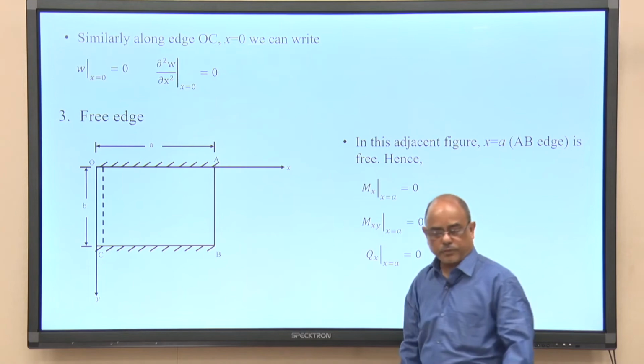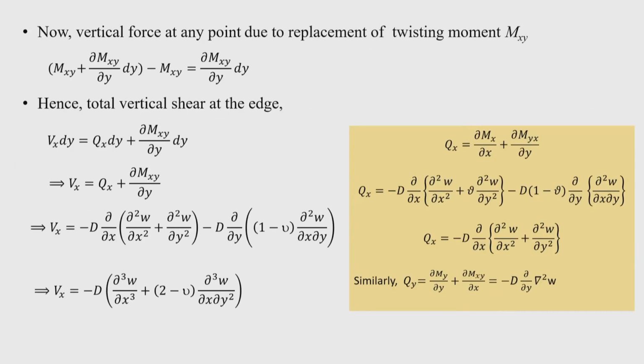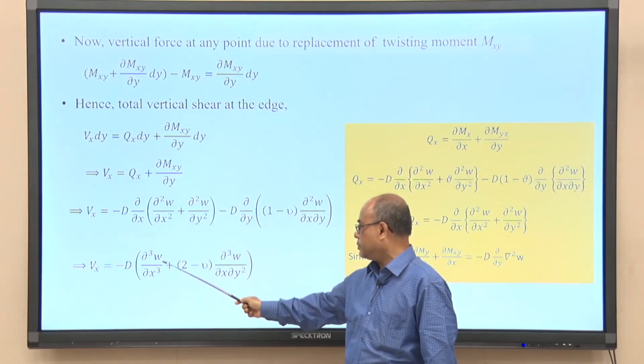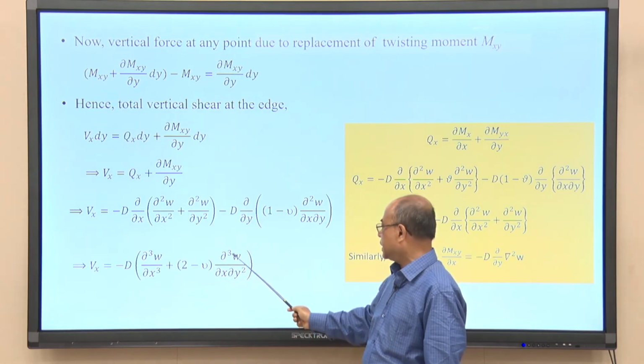So, the expression for V y can be written by analogy with that expression. V y will be minus D del cube w del y cube plus 2 minus mu del cube w del y del x square.